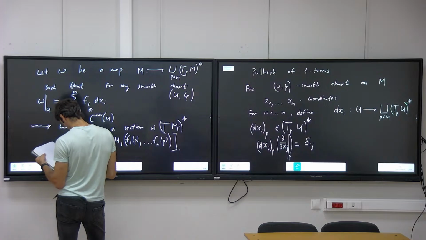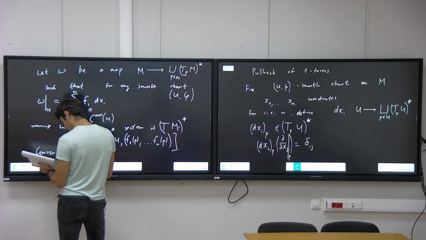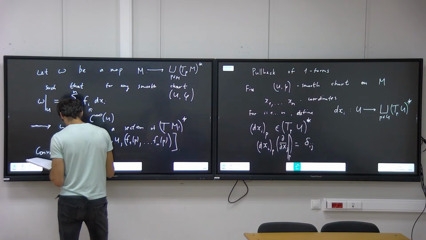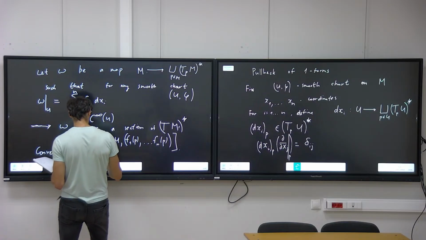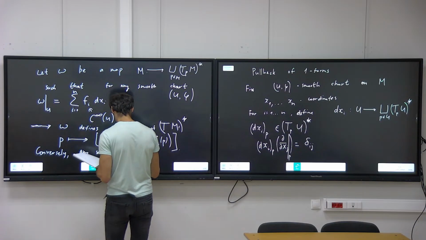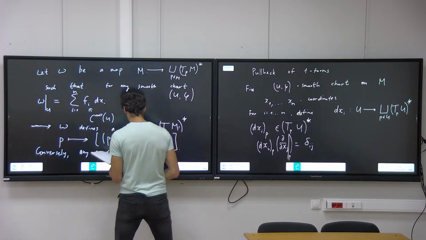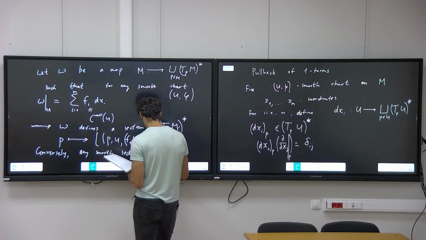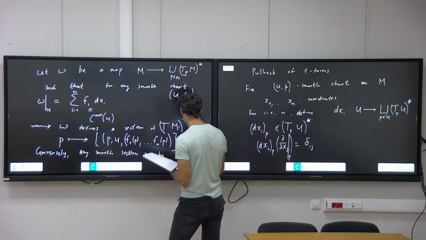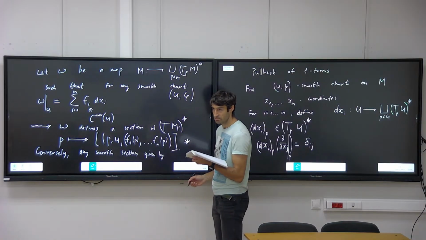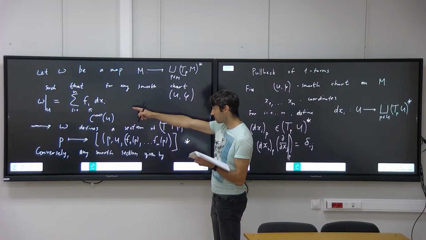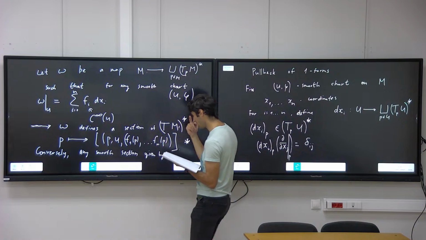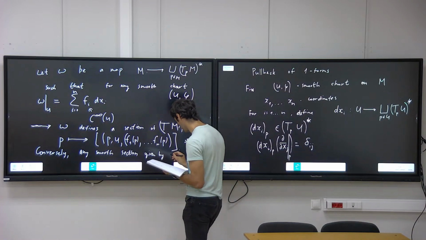Then if I have a section, so any smooth section of T M star, defines for me a map omega such that locally it looks like that. So the other way works as well. So it defines such an omega.